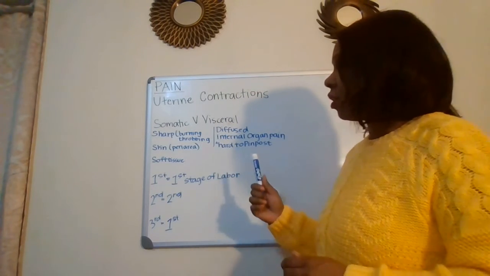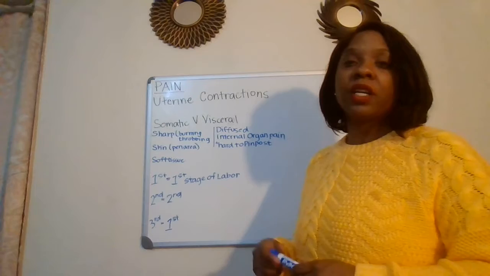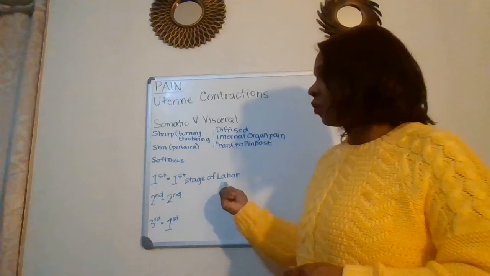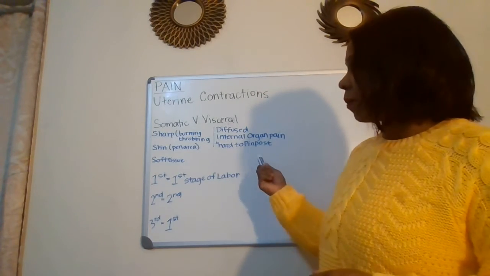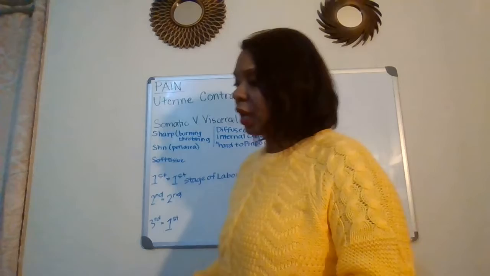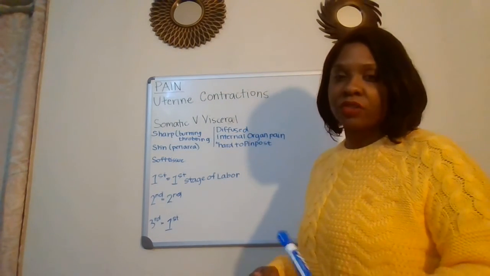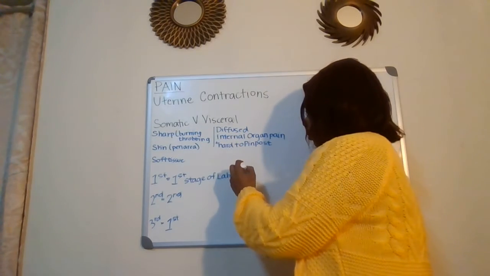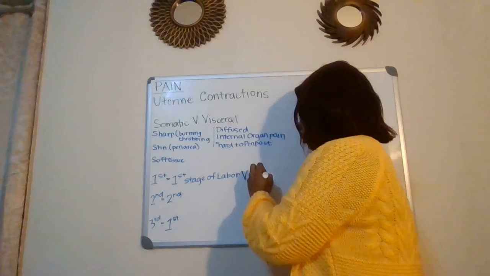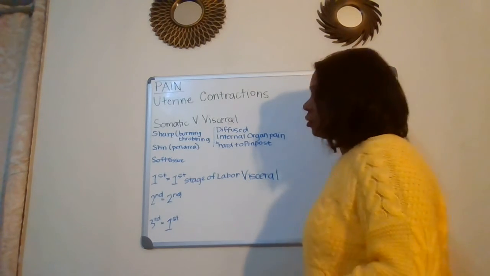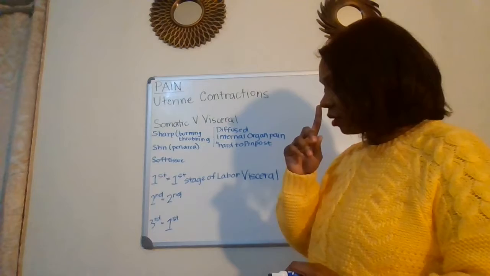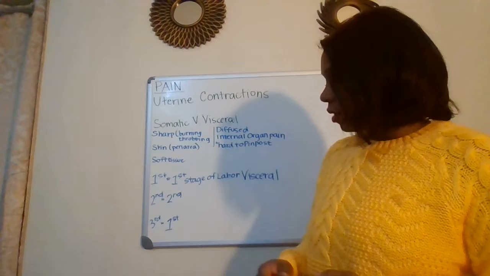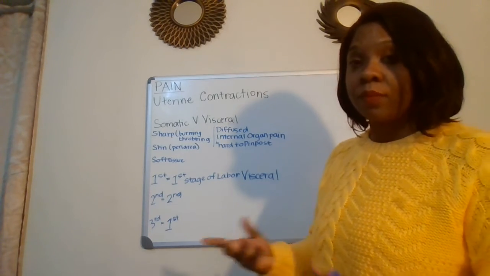Now, the different types of pain are associated with different stages of labor. During the first stage of labor, the woman is going to experience back pain and stomach pain. That's due to dilation and contraction, and that is more so visceral pain. The second stage of labor has to do with somatic pain.